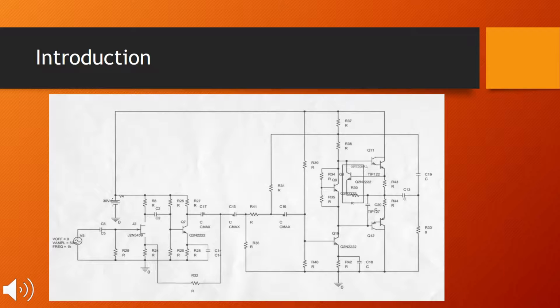After that, we worked on the power amplifier and verified that all the conditions for the power amp are satisfied. Once all the required conditions for both stages were achieved, we combined both circuits together.